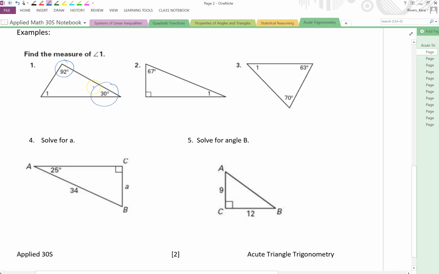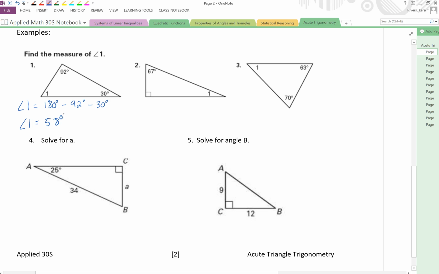Now if I'm given two angles and I want the third angle, then all we're doing is the sum angle formula. So we know that angle 1 plus 92 degrees plus 30 degrees gives us 180 degrees. So the math that we could do for that is angle 1 is equal to 180 degrees, subtract the other two angles. And if you do that, you'll get that angle 1 is equal to 58 degrees.